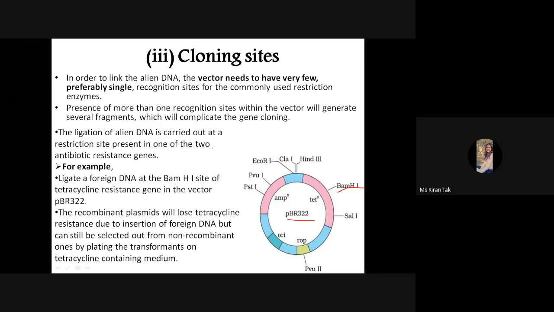The presence of more than one recognition site within the vector will generate several fragments and complicate the gene cloning.